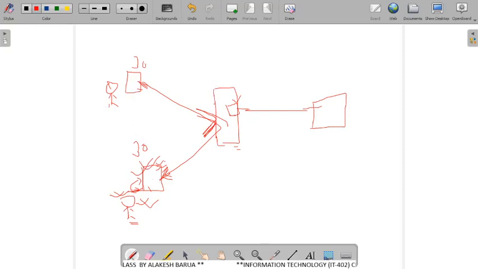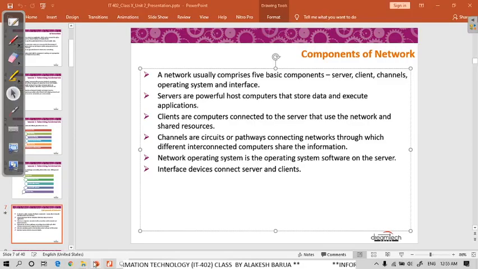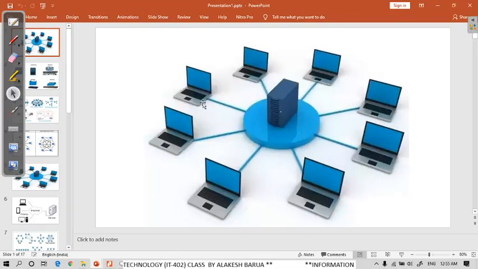This big computer that is connected centrally in a network is known as a server. Alright, let me just show you. I have prepared something. So let's say these are all the computers that are connected here. This is computer number 1, this is 2, this is 3, this is 4.